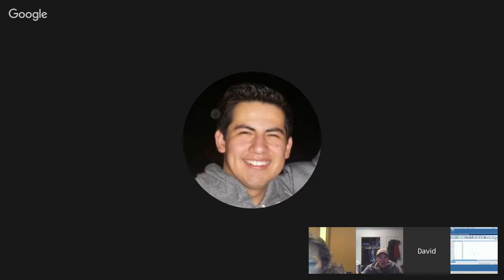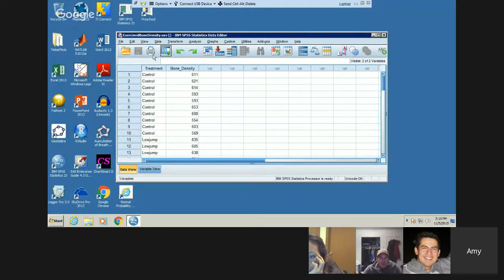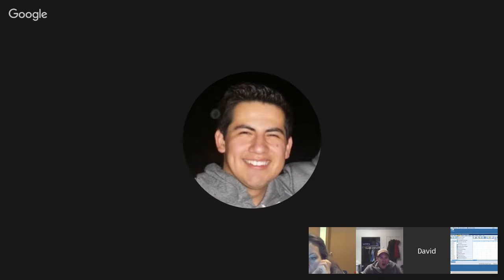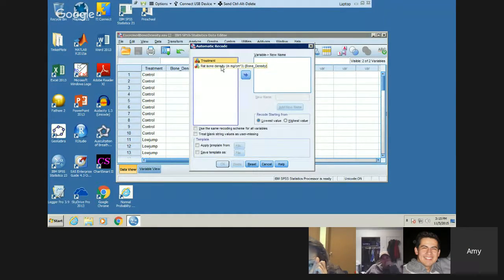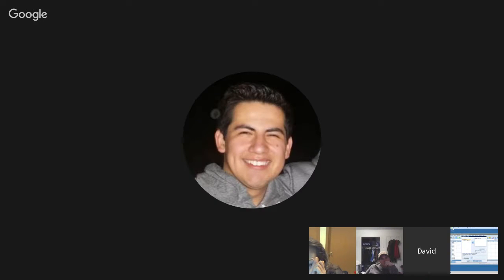All right, where are we going? Are we going to transform first? Yep, need to recode it first. Recode treatment. It looks like it's already recoded. The rat bone looks like it is. Does that mean we have to recode the treatment? Yeah, we need to recode the treatment.